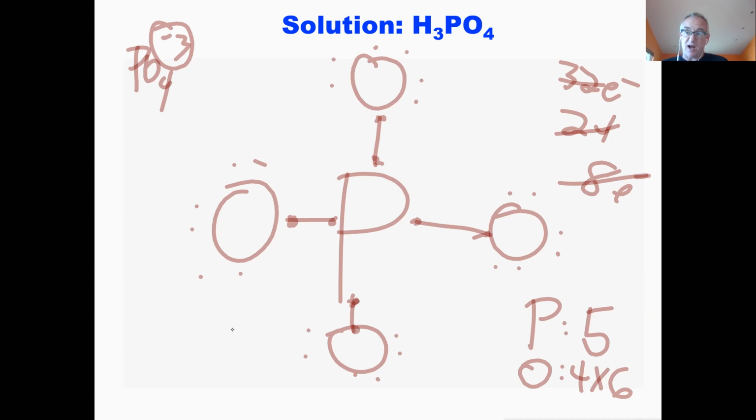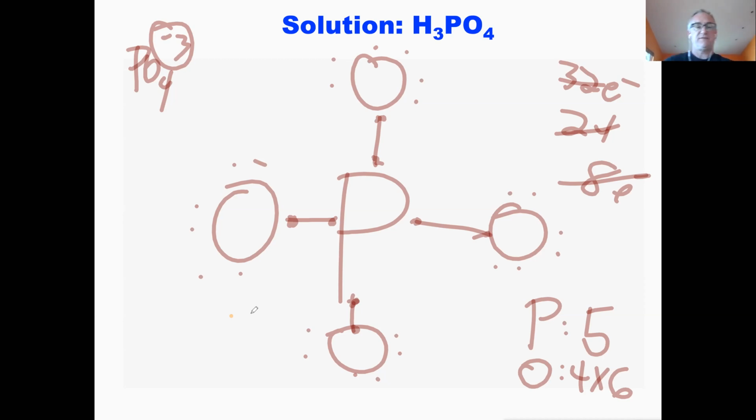So as far as the total number of electrons they all have, that's fine. But let's look at the formal charges. Since all the oxygens are the same, they should all have the same formal charge. Let's calculate what it is. So how many valence electrons should oxygen have?